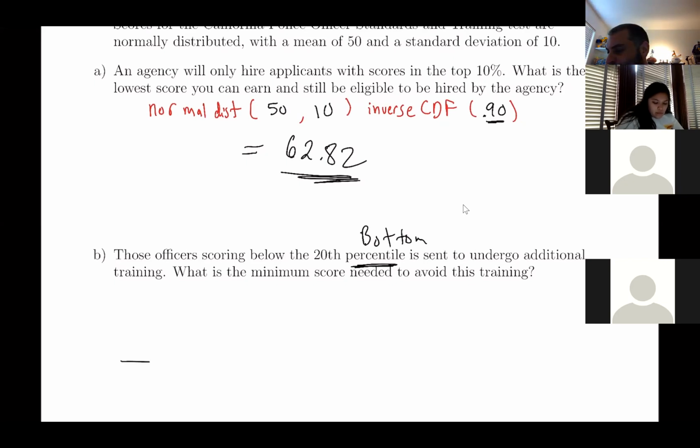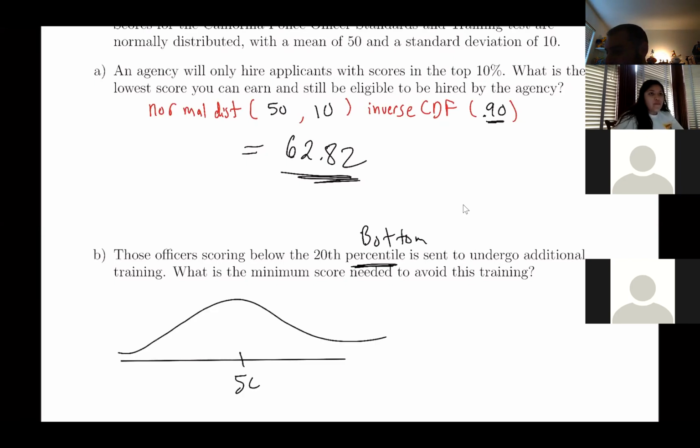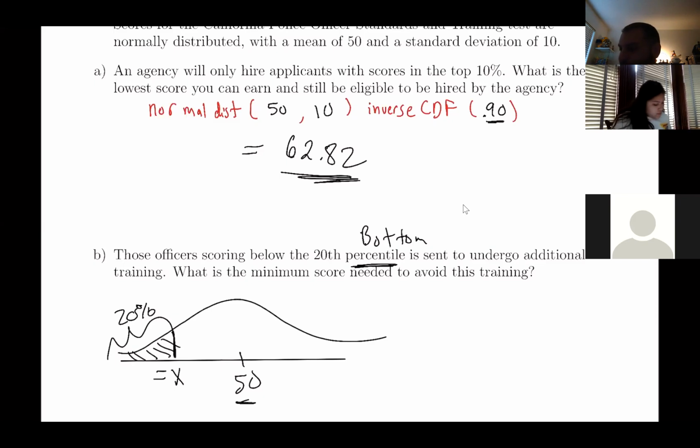So for this one, if we draw this out, you should put 50 in the middle, and we want the bottom 20%. And we want to find what this x value is equal to. The good thing about this x value is you know it should be smaller than 50.